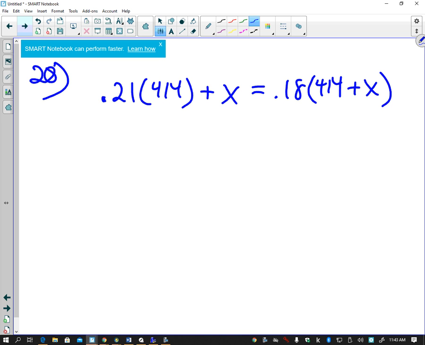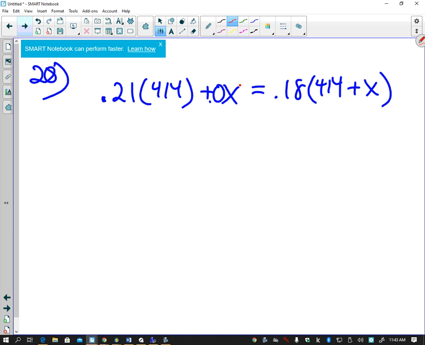Okay? All right. So the rest of this, if I've done this right, hopefully I have. I think the only thing I might have, because this is technically a 0% solution, because water doesn't have any alcohol, right? So it kind of cancels itself out to a certain extent.